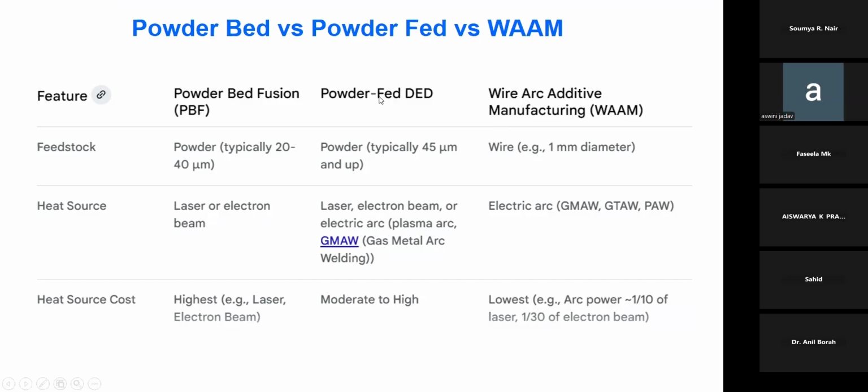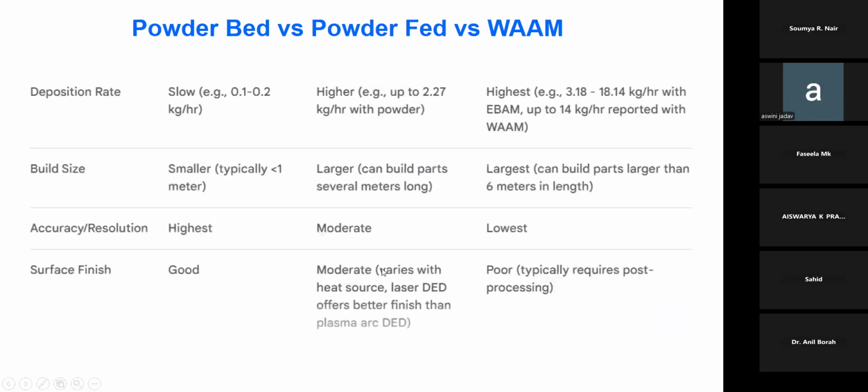When we talk about the heat source, laser is the heat source in powder bed. In powder fed also, laser is the heat source, right? And in wire arc additive, the electric arc is the heat source. Heat source cost is very high in powder bed, moderate in powder fed, and very low in wire arc additive manufacturing.